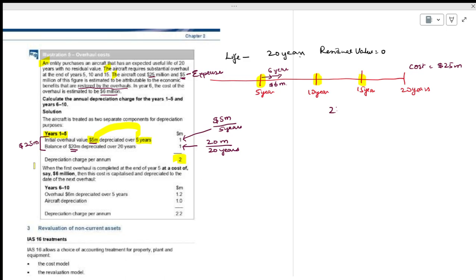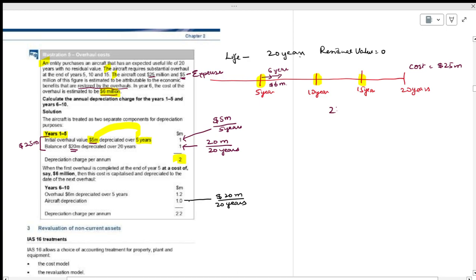After 5 years, this amount has changed. This amount changed from what? From 5 million to 6 million. In year 6, the cost of the overhaul is estimated to be how much? 6 million. Now, this is remaining the same: 20 million divided by 20 years.